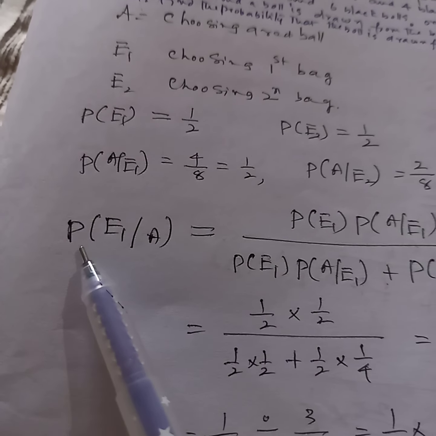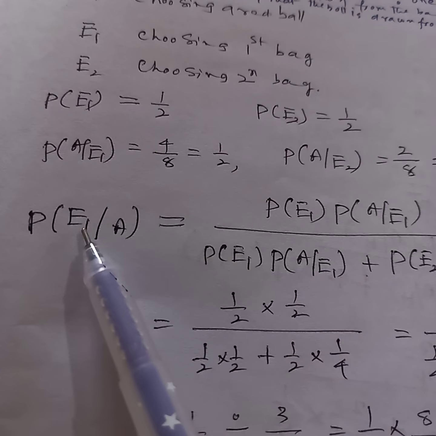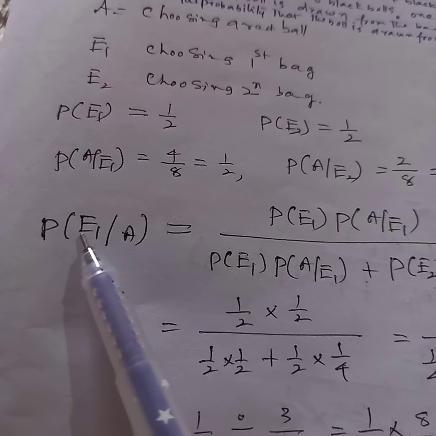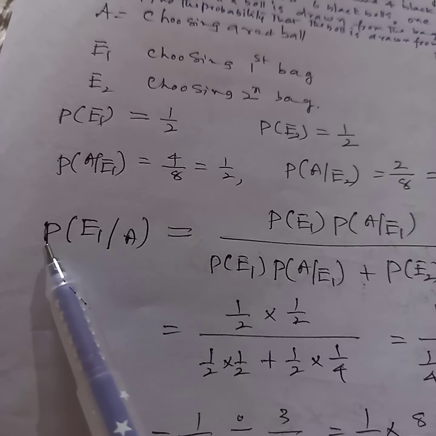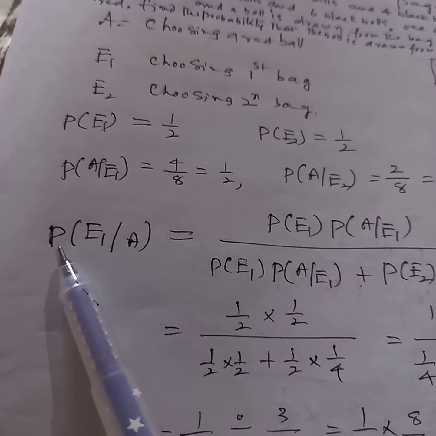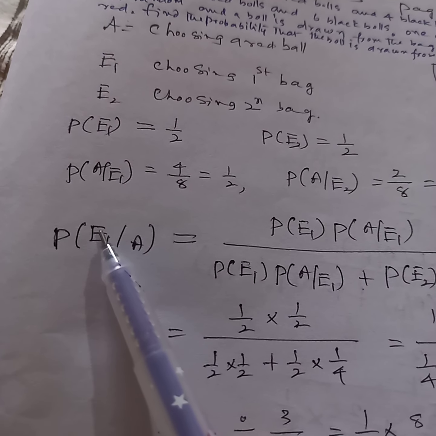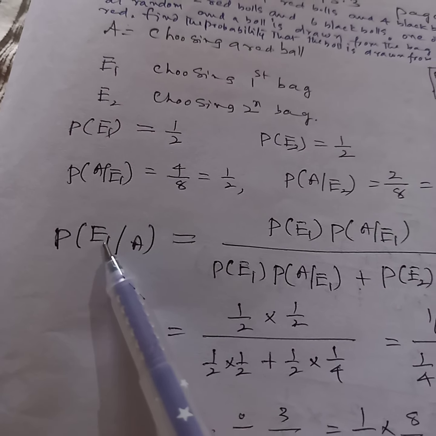How to read this? Probability of choosing the ball from the first bag given that it is a red ball.